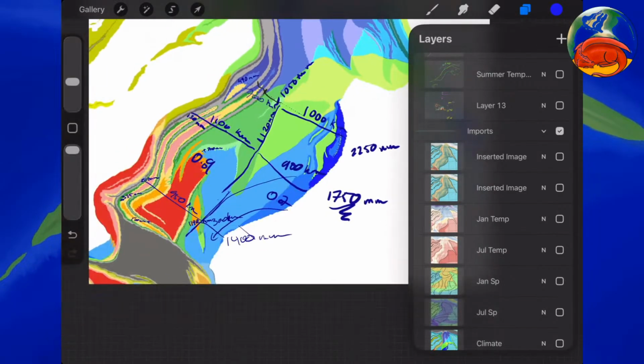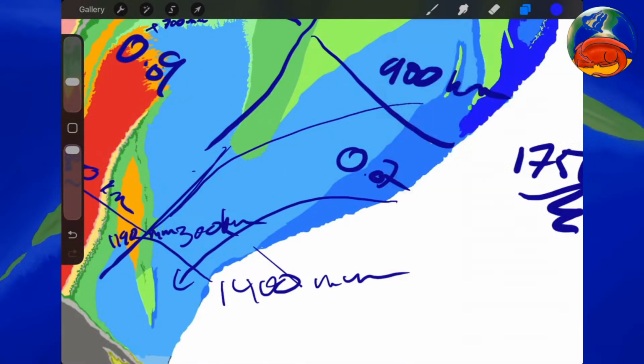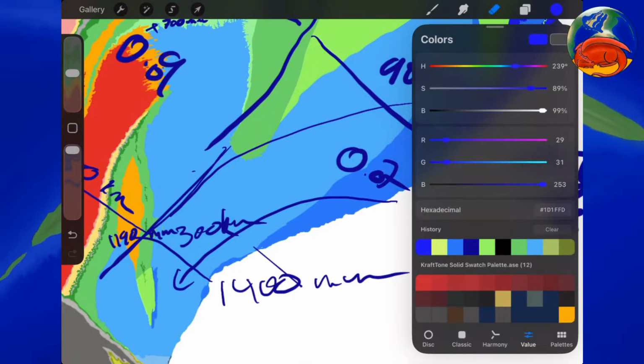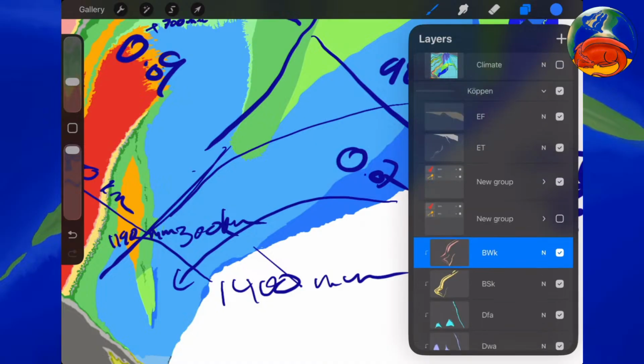Okay. I don't know if we have any other places where I'll just see if there's anywhere where there'd be a decent amount of precipitation that wouldn't be AW or what have you.